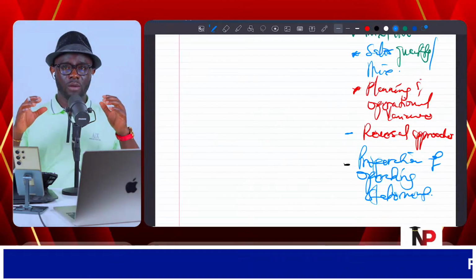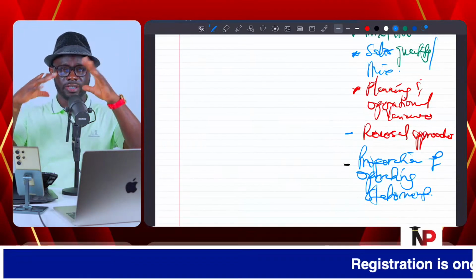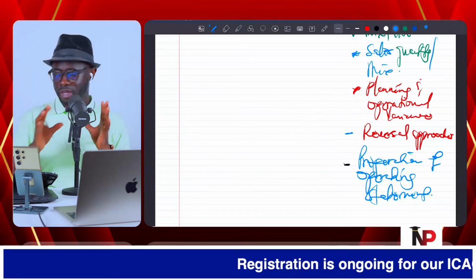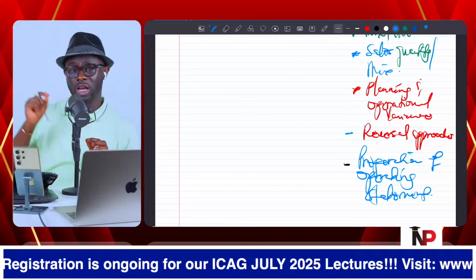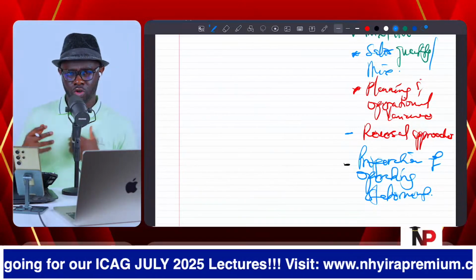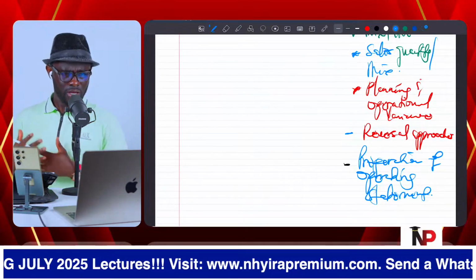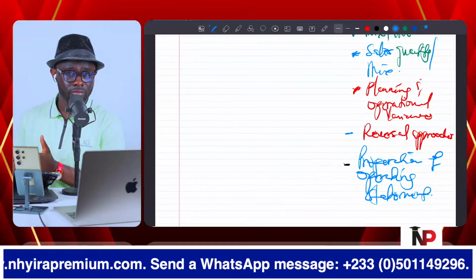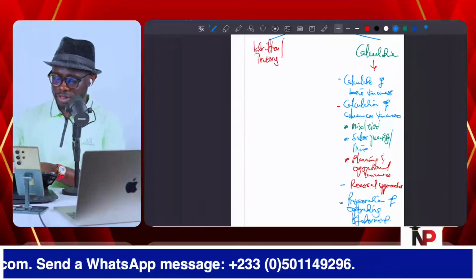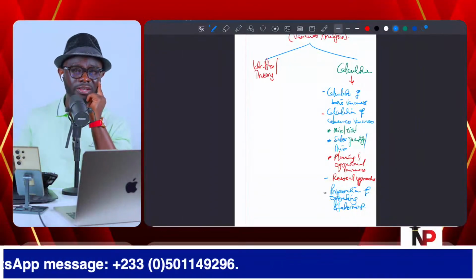This is where you are bringing all the variances into one statement, either using the marginal costing principle or the absorption costing principle. So you see that you are under variances, but marginal costing and absorption costing is going to chase you down here. And that is the calculation aspect under variance analysis.